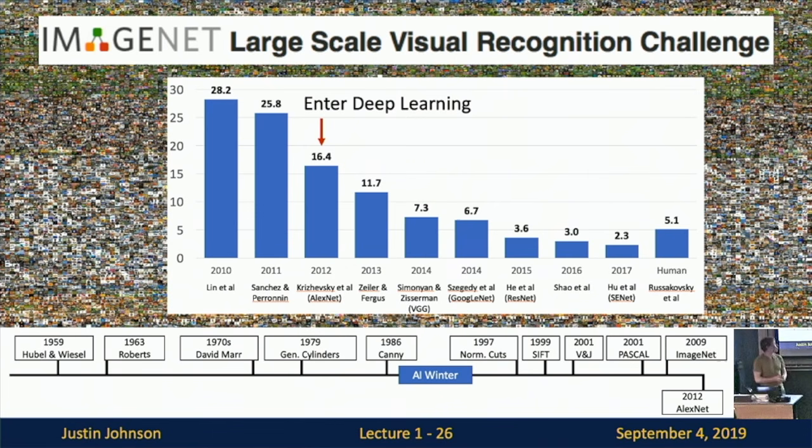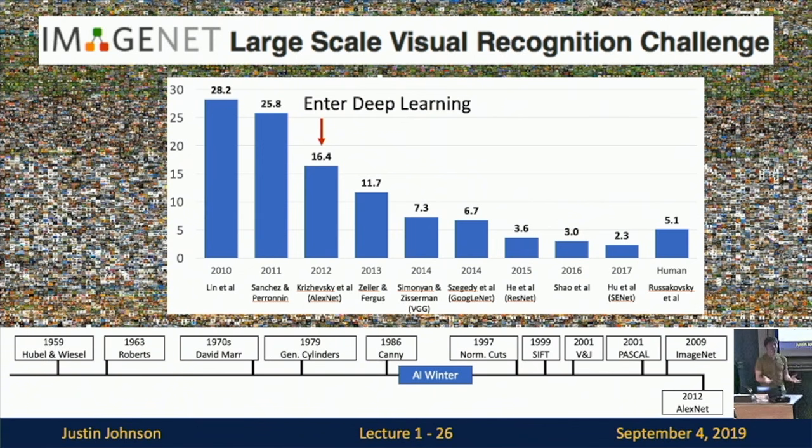At the 2012 ImageNet competition, suddenly the error rates dropped in a single year from 25% all the way down to 16%. After 2012, error rates just kept diminishing very fast, such that by about 2017 we were building systems that performed even better than humans at recognizing images in this data set.